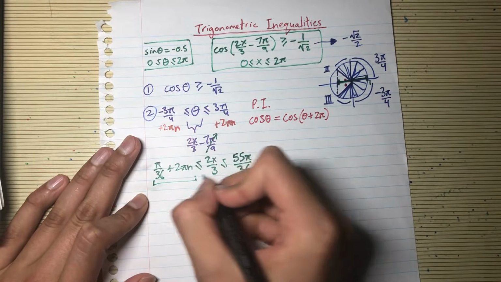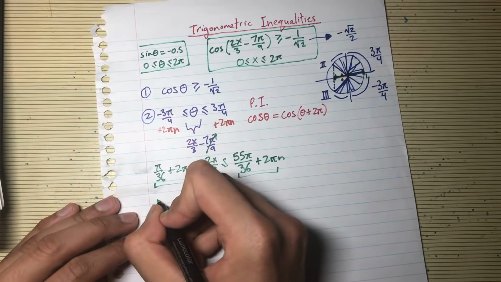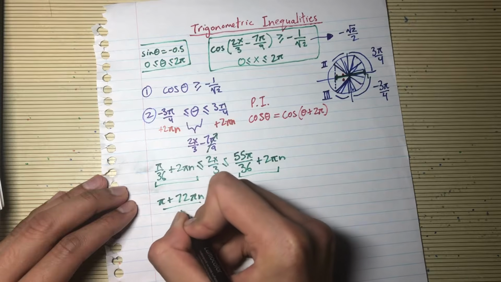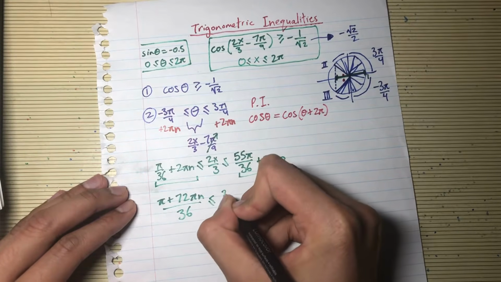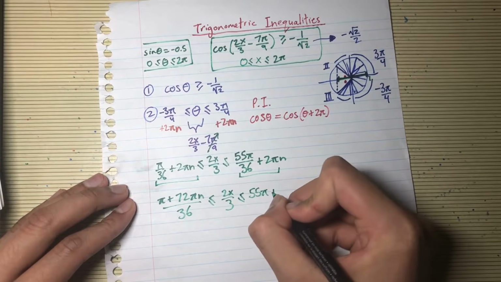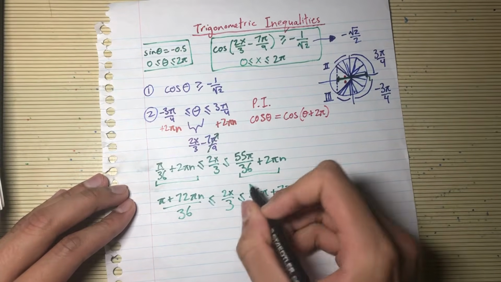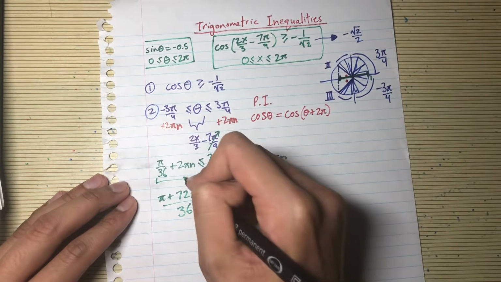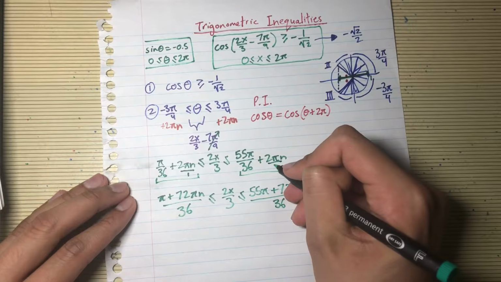Now let's combine these terms. We get pi plus 72 pi n over 36 is less than or equal to 2x over 3, which is less than or equal to 55 pi plus 72 pi n, all of that over 36. And just keep in mind that all I did here was find the common denominator.